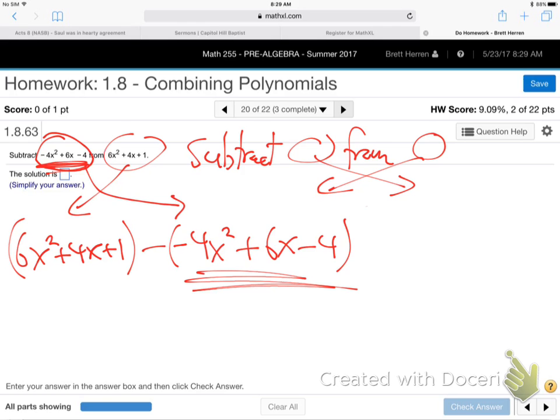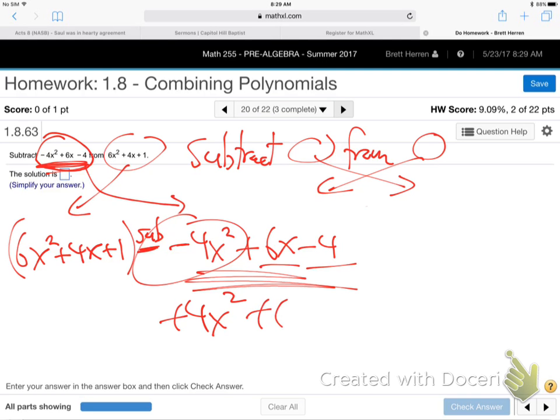If I do not put parentheses, then this subtraction symbol is going to hit only the minus 4x squared, and it'll make it plus. But it won't touch the 6x or the minus 4.